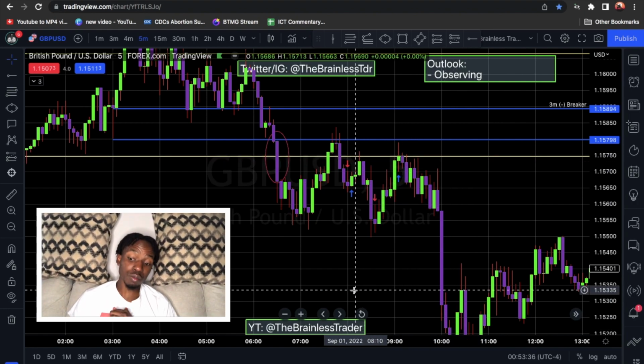So can't win them all, but I just gave y'all a ton of setups that y'all can use, really using that breaker, that fair value gap and that order block, to understand what you should be doing after that hard liquidity run has happened, as far as when price respects that breaker. You should be looking in the direction that it's respecting, especially if it's in the same direction as the higher time frame bias.